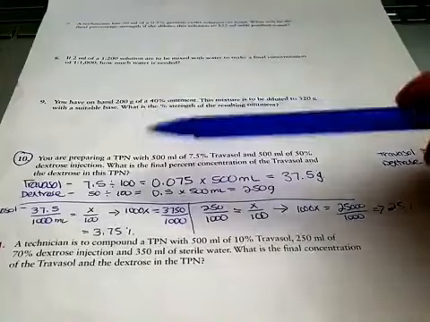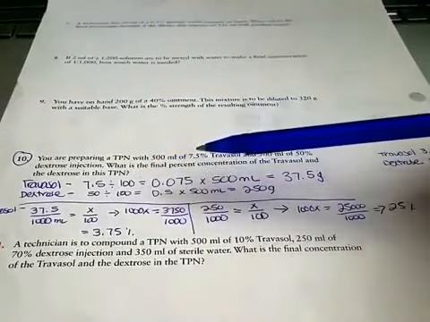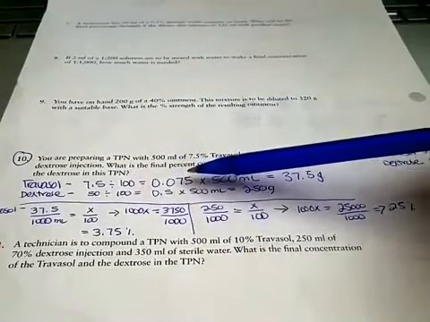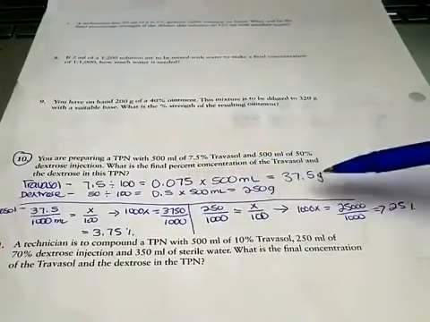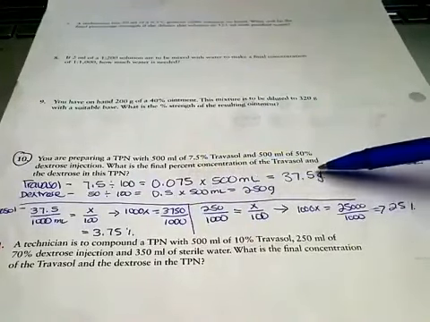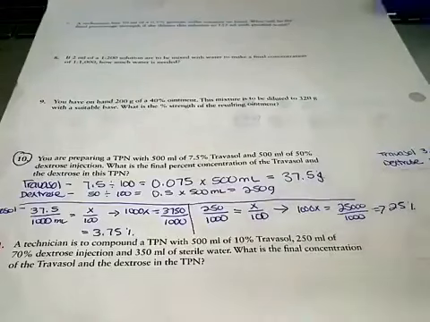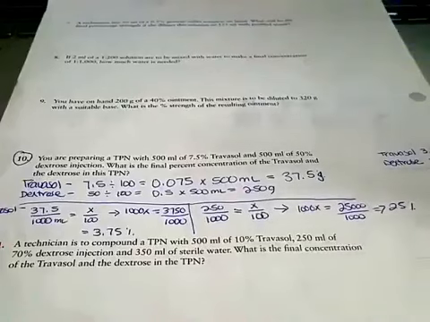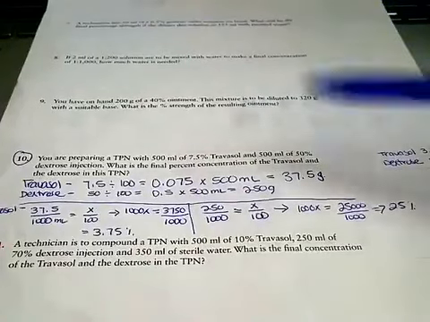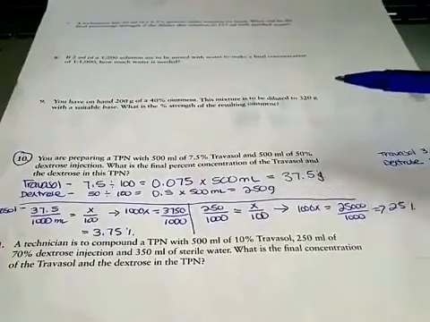Travasol, 7.5 divided by 100 gives us our 0.075. If we multiply that by 500, we get 37.5 grams of powder, of Travasol powder in this solution. Or drug. I always say powder, but it's drug.